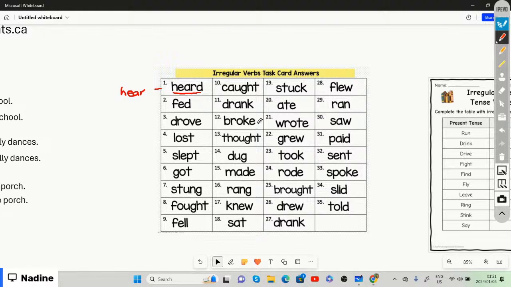All right, if we look at this word fed, she fed the dog yesterday. Or she fed the dog this morning. Because still it is something that happened in the past, right? If it is afternoon now, anything that happened in the morning is now in the past.